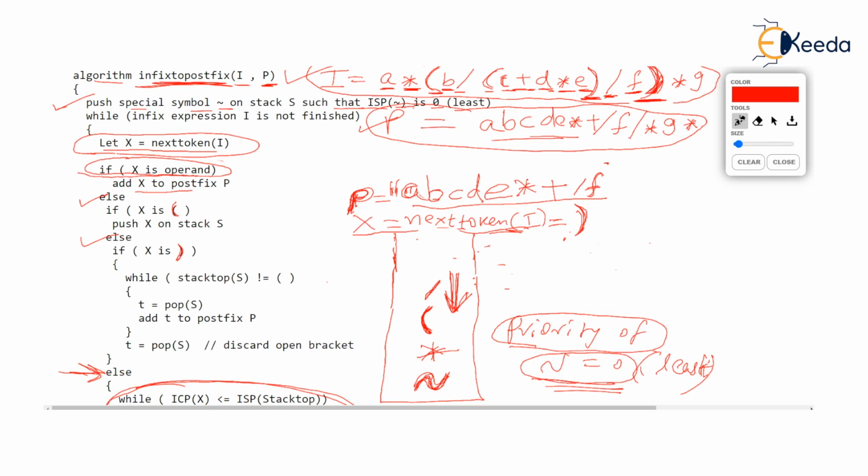Don't add that open bracket anywhere. So this slash will be popped and added to postfix. Look at the postfix. I have added that slash and slash goes out and bracket also is popped.